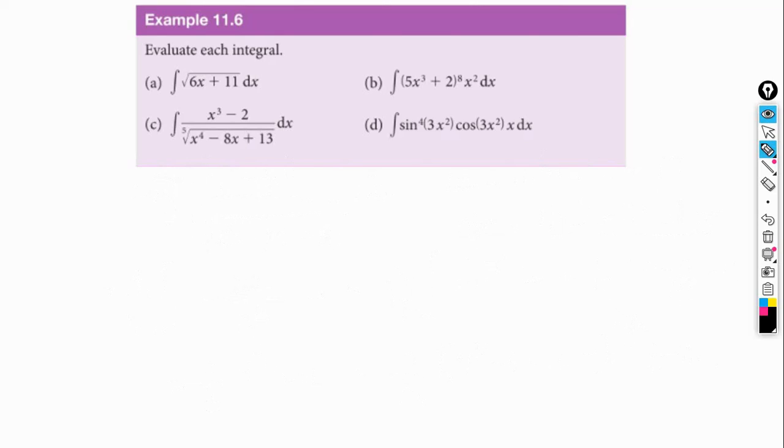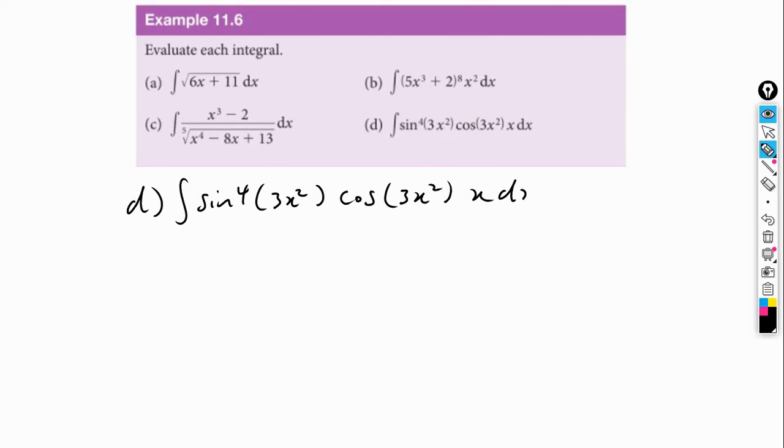And then finally, for D, they want us to evaluate the integral of sine to the 4 of 3x squared times cosine of 3x squared times x dx. So whenever we do use substitution, we want to choose whatever expression is to a power or stuck in a root, right?